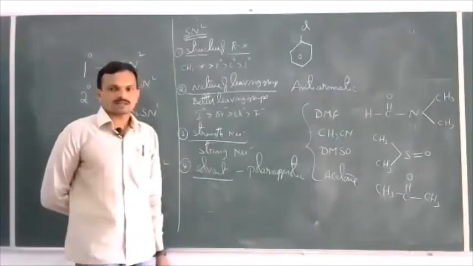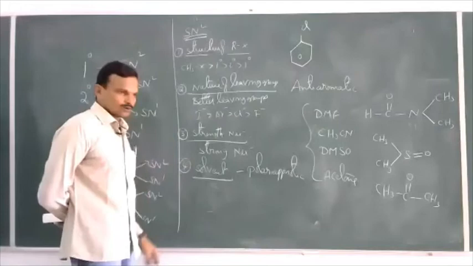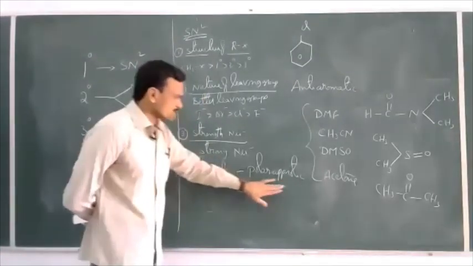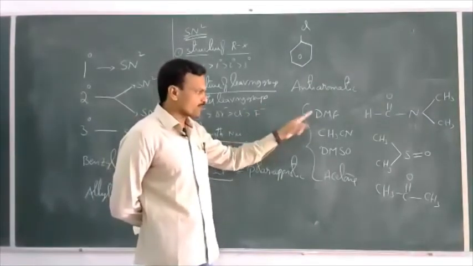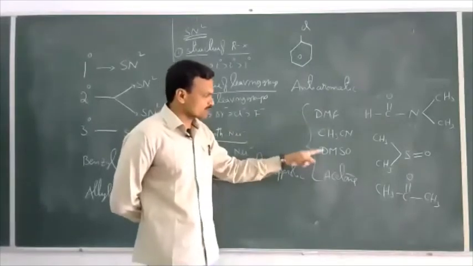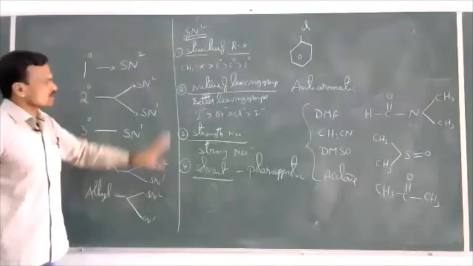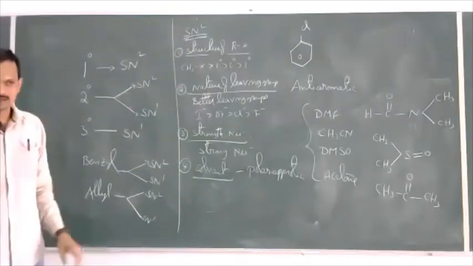Anionic nucleophiles are stronger than molecular nucleophiles. Solvent: polar aprotic solvents favor the SN2 mechanism, like dimethylformamide DMF, acetonitrile CH3CN, dimethyl sulfoxide DMSO, acetone. So these are the major 4 factors which can affect the SN2 mechanism.